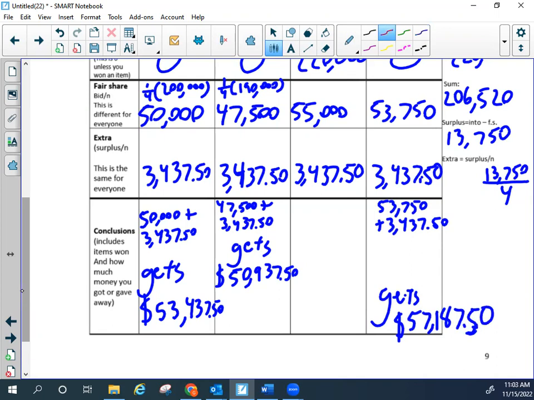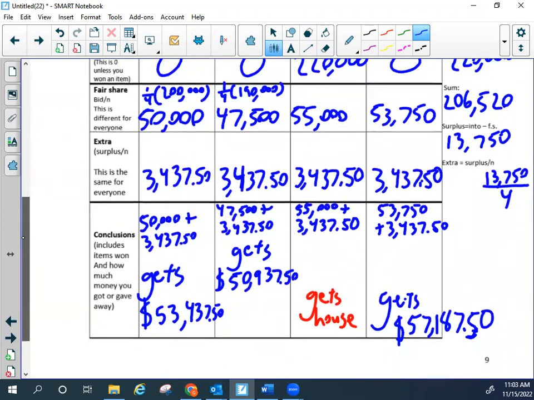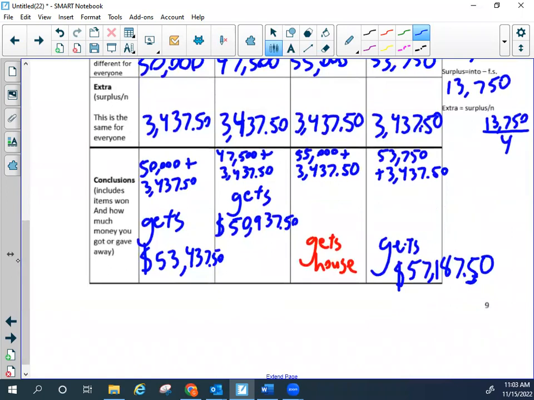Now Carl's a little different. He got the house, first of all. And let's see, he put in his pocket $55,000 and another $3,437.50. But remember, one thing different about Carl is he put money into the kitty. He started by putting $220,000. He took $220,000 out of his pocket and put it into the kitty.